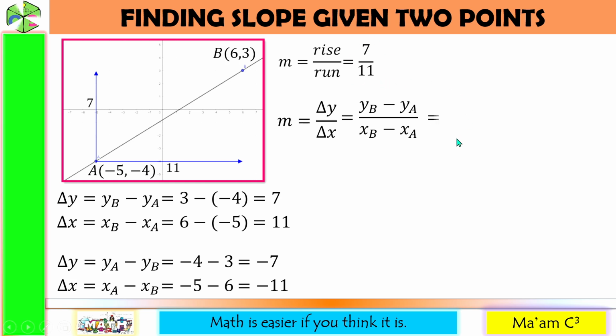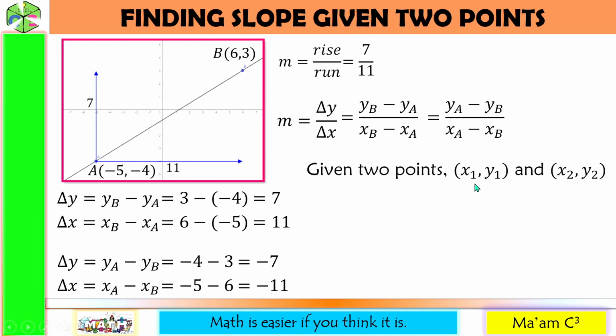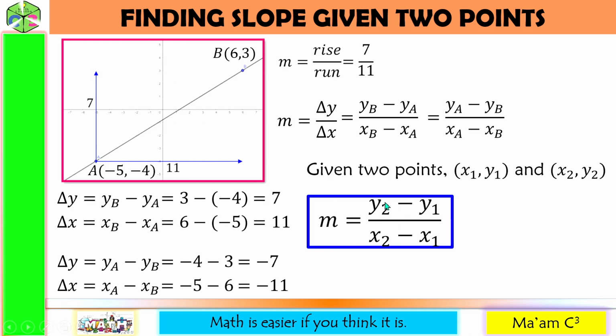So this could also be y sub a minus y sub b all over x sub a minus x sub b. So in general, when you want to find the slope given 2 points, let us say first point has coordinates x sub 1, y sub 1, and second point has coordinates x sub 2, y sub 2, the formula is equal to y sub 2 minus y sub 1 over x sub 2 minus x sub 1.